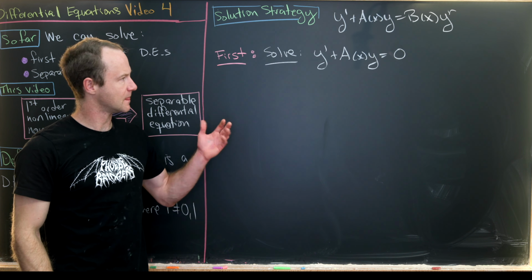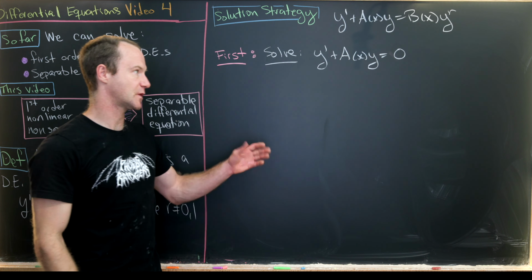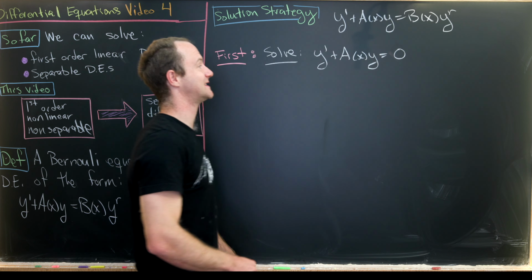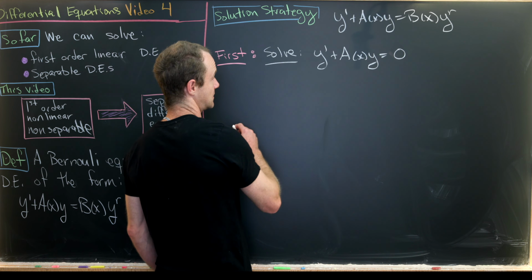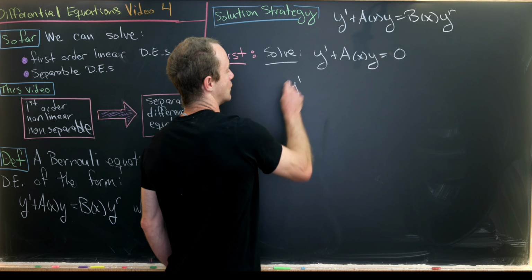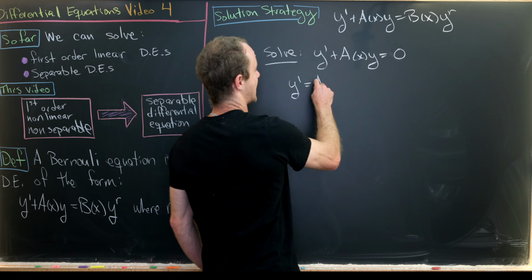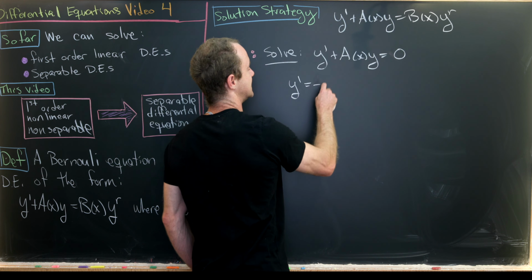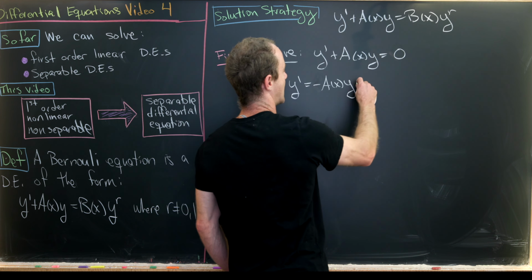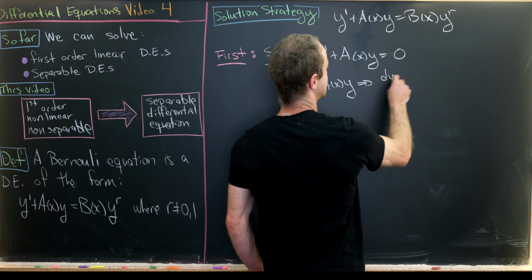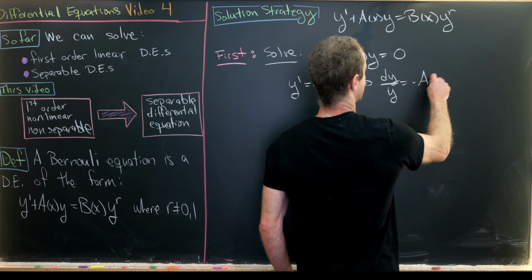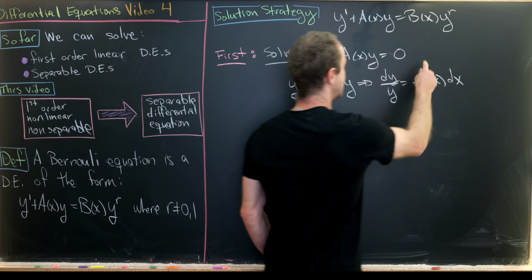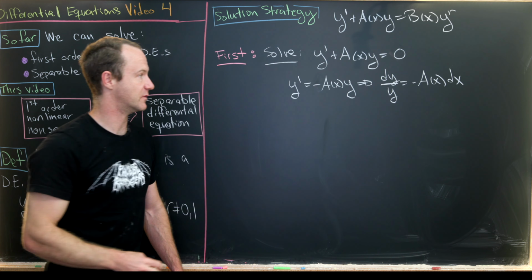Okay, great. But how could we solve that? Well, it's pretty easy to solve this. Notice that this is indeed separable. We can write this as y prime equals negative a of x times y, and then rewrite this as dy over y equals negative a of x dx, and then take the antiderivative of both sides.